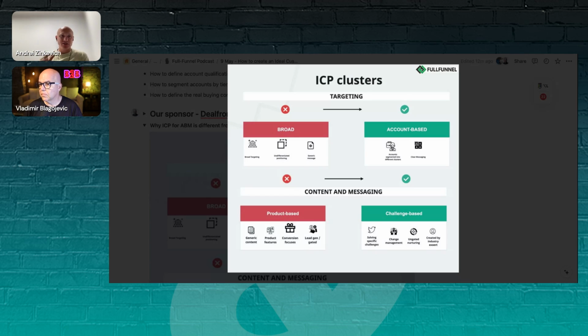While ABM is always specific. We know from practical experience that when it comes to account-based marketing programs, the best outcomes come from programs focusing on a specific cluster of accounts. By cluster, we mean a category, a segment, if you will, of companies with similar challenges.